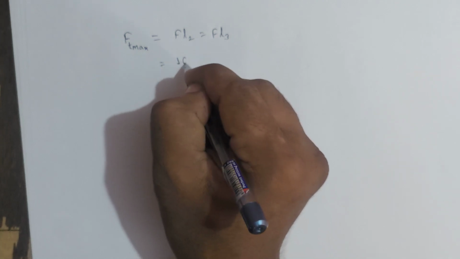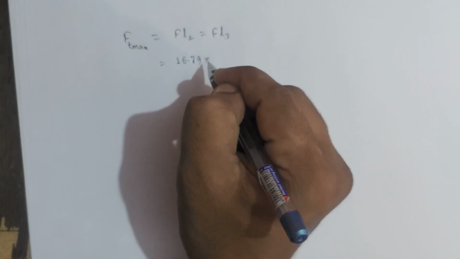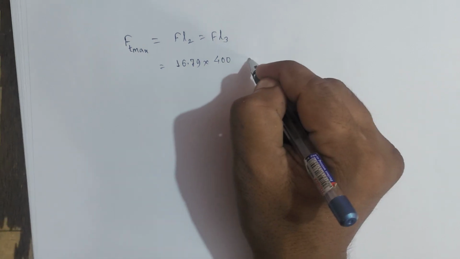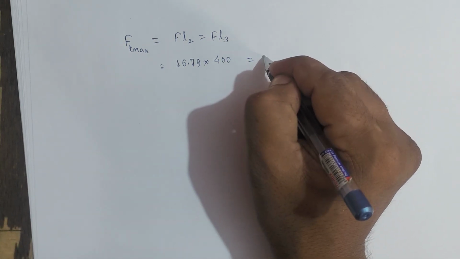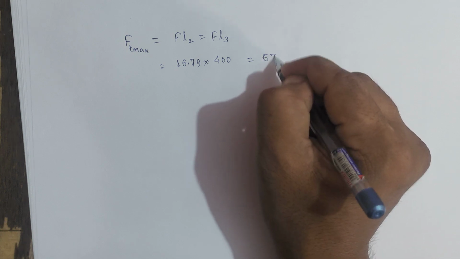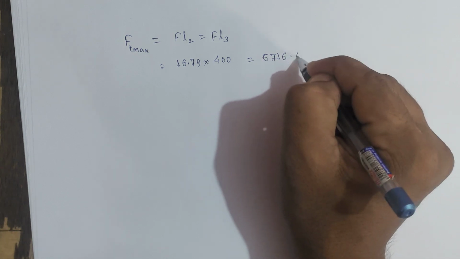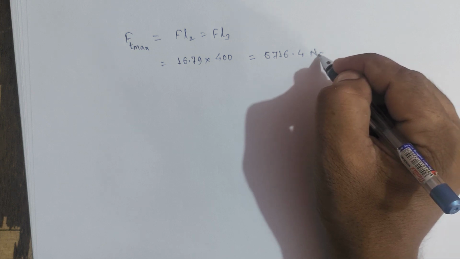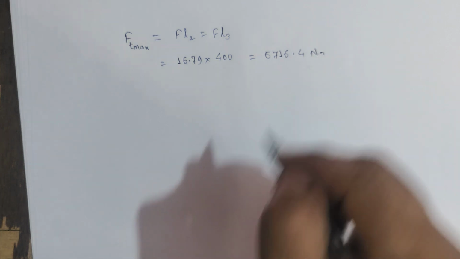So F is 16.79 into L2 or L3, which is 400 mm. So here we will get the maximum amount of load, 6716.4 Newton. So this is in Newton.